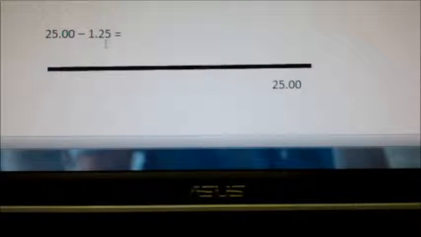and I need to remove $1.25. So if I travel back on the number line and take $1 from $25, so I'm going to put up here $1, which would make this $24.